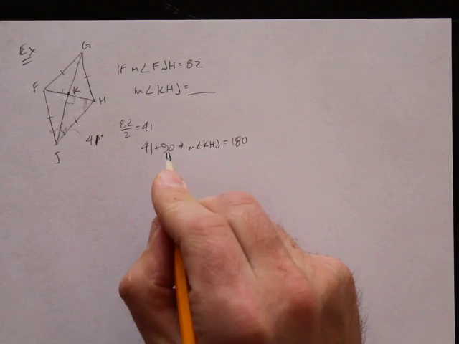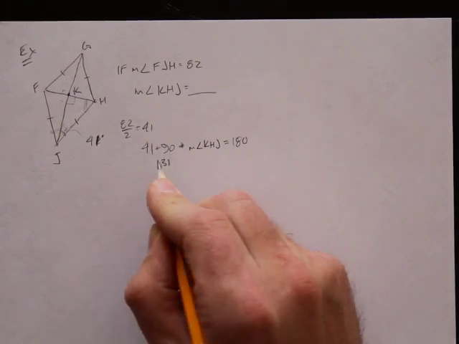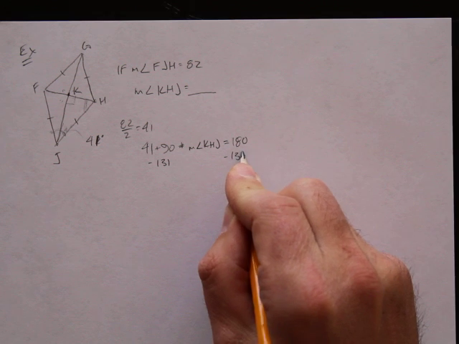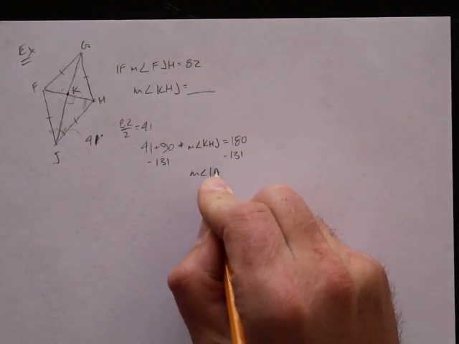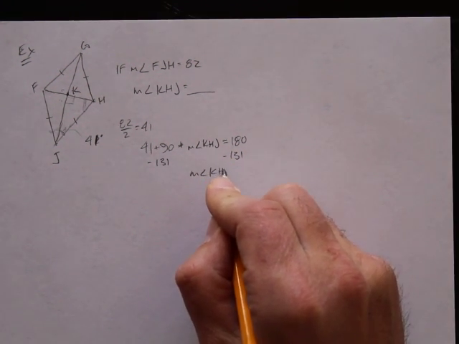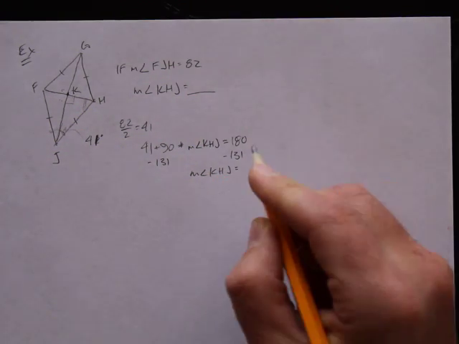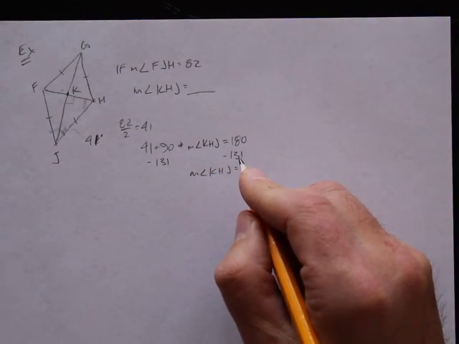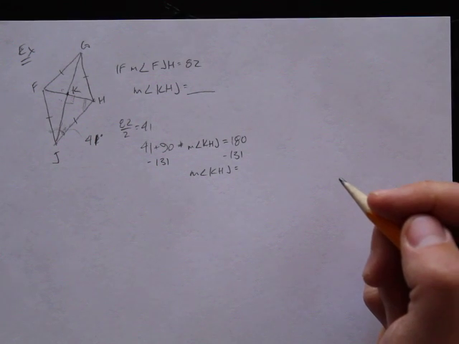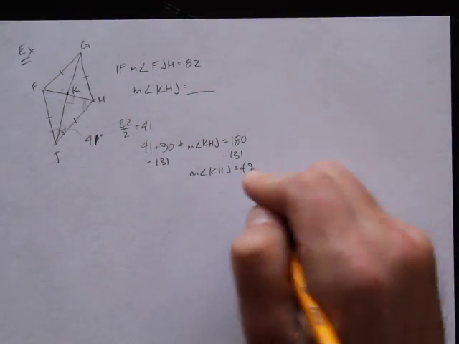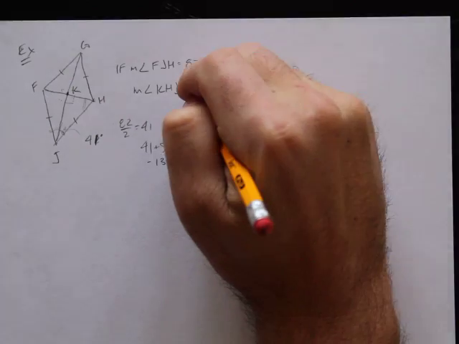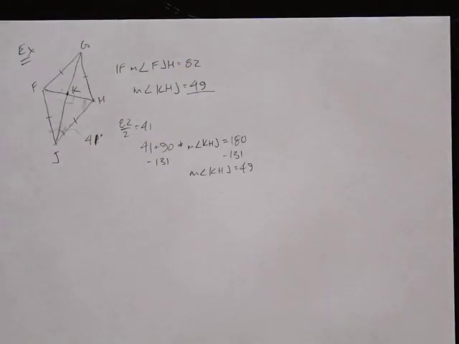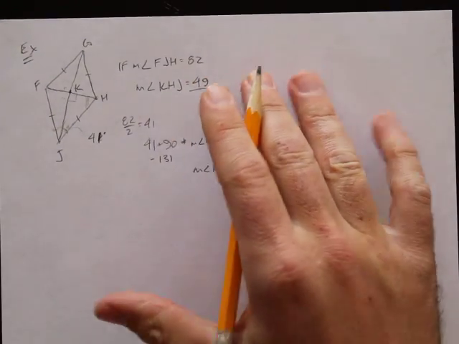So I'm going to add these two, that's 131. I'm going to subtract 131 from both sides. Measure of angle KHJ is 29 degrees. Oh, wait a minute. Oh yeah, I did that wrong. 49 degrees. Goodness. My brain is getting a little mushy, but all right.